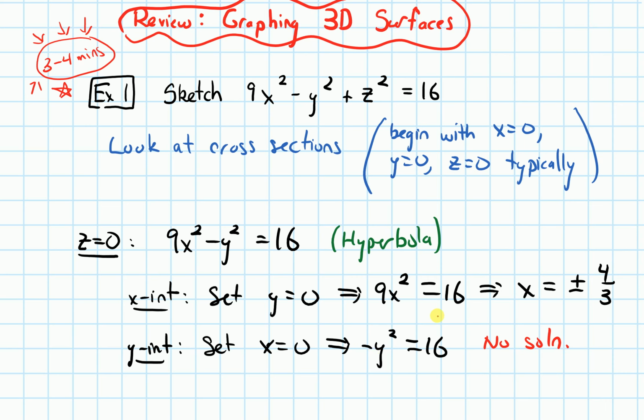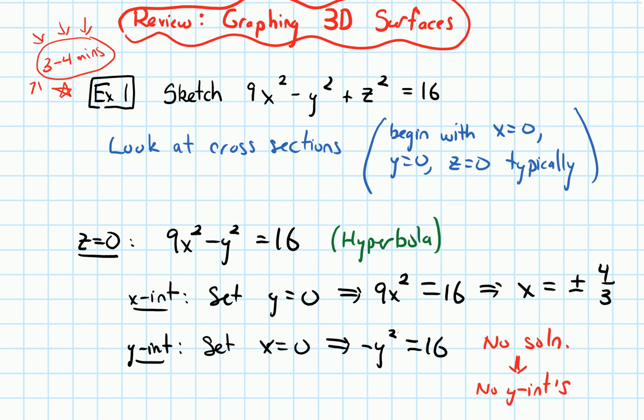Because if we move the negative over to the right-hand side, we get y squared is equal to a negative number. And that just can't happen. Y squared can't be equal to a negative number because y squared is always non-negative because of the squared. So because there's no solution to this, it means that there are no y-intercepts.